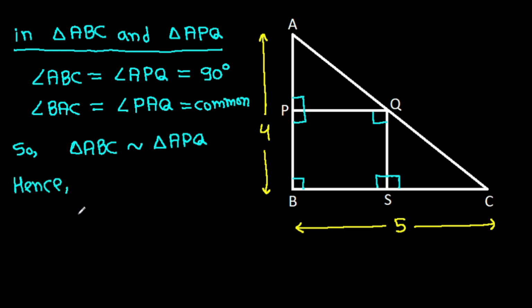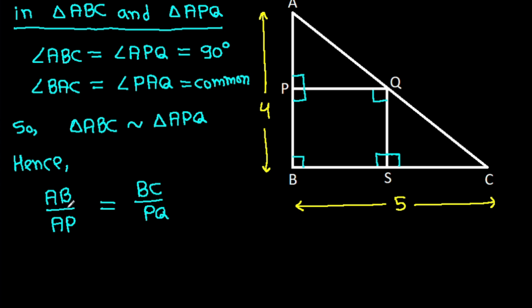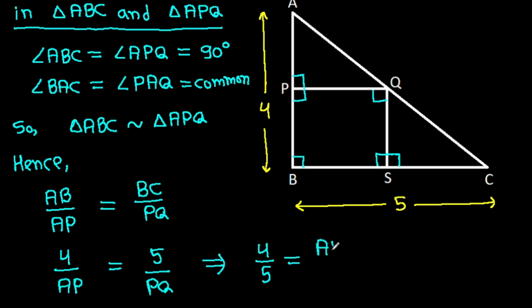Hence AB over AP will be equal to BC over PQ, and AB is 4 over AP, it is equal to BC is 5 over PQ, and from here we can get 4 over 5 is equal to AP over PQ.